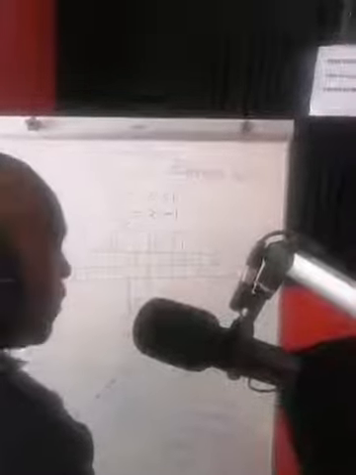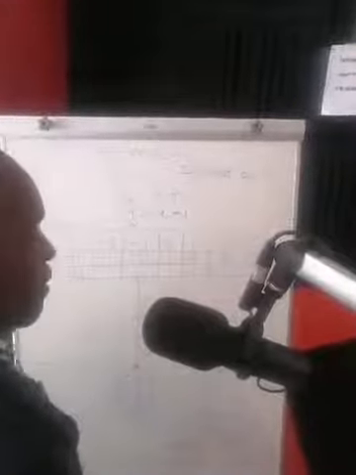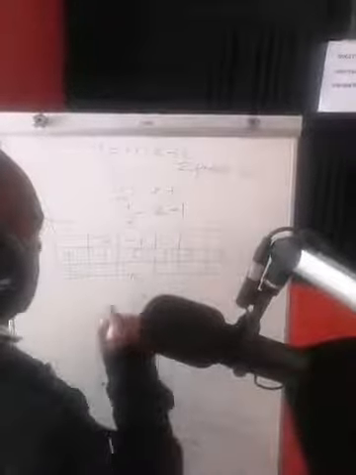Then the y2 is x minus 1. So where there's x, let's put -2. So I'm going to have -2 minus 1, which is going to be -3. And if I put -1 where there's x, I'm going to have -2.